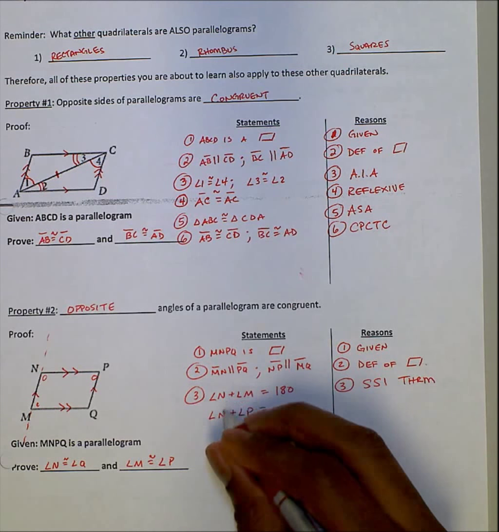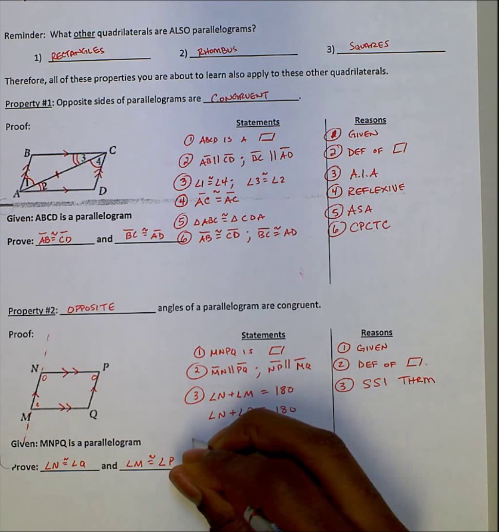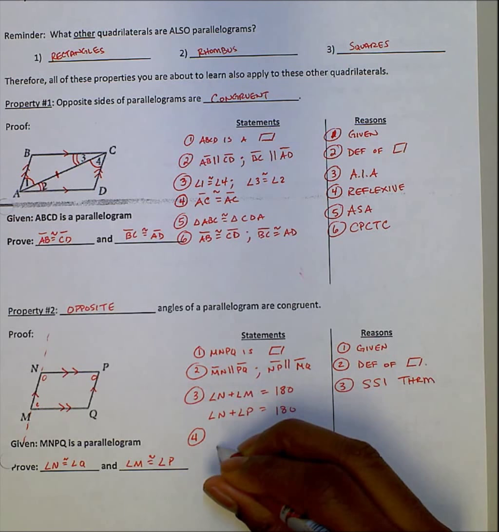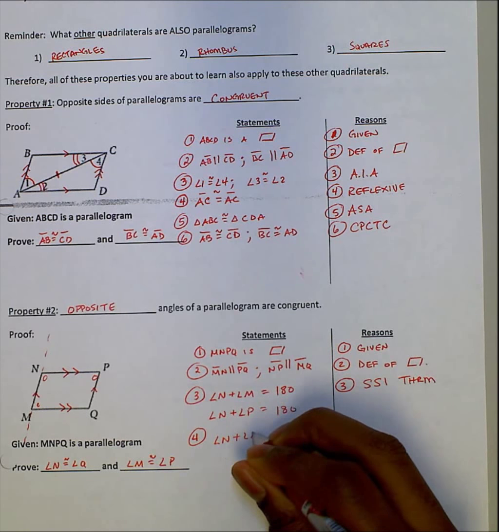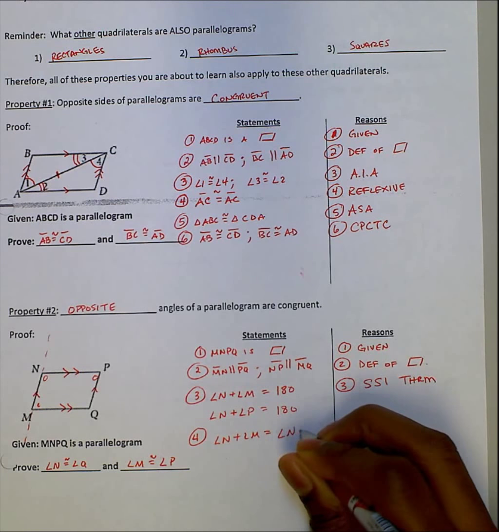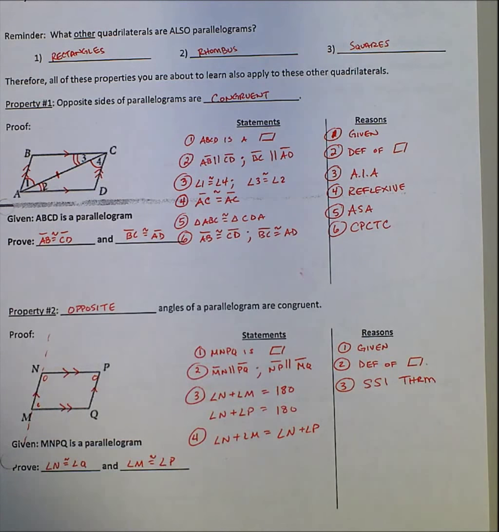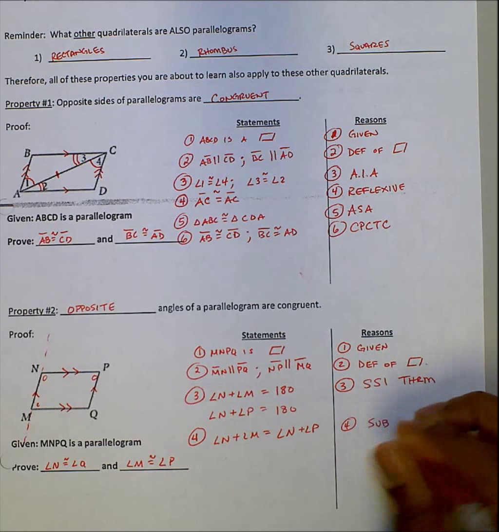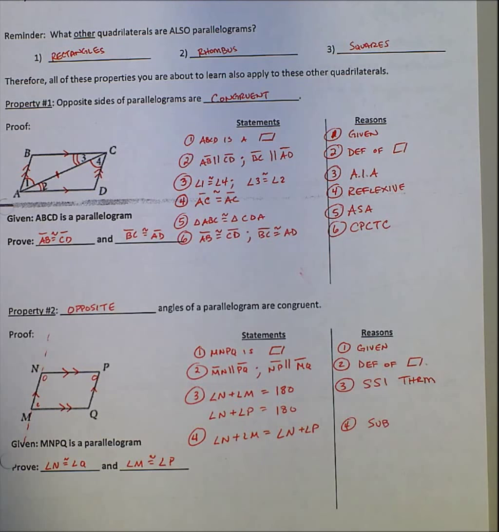Now, this helps me out because I should see something. These equal the same thing, so I'm going to use some substitution here. Angle N plus angle M equals angle N plus angle P. Notice I just substituted angle N plus angle P for 180 because they're the same thing.